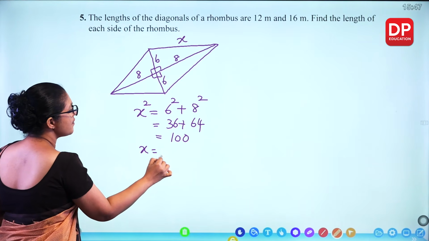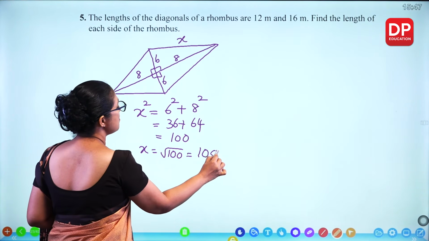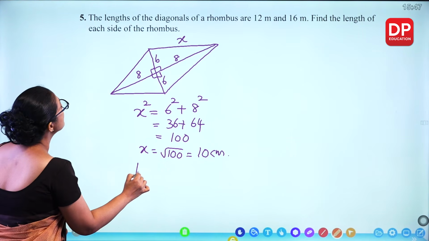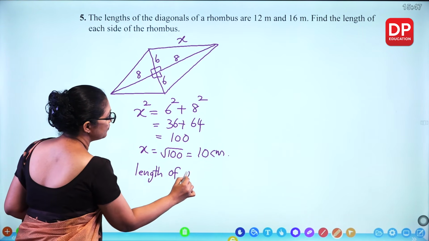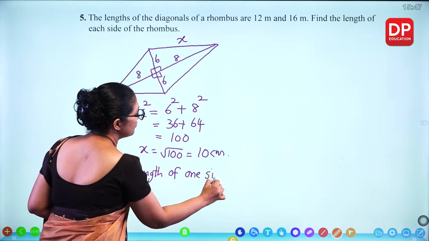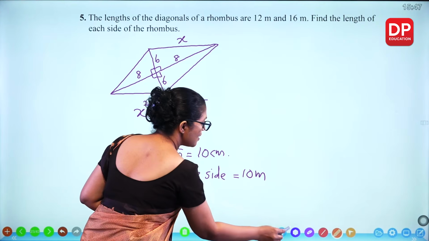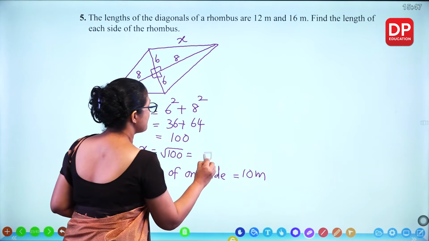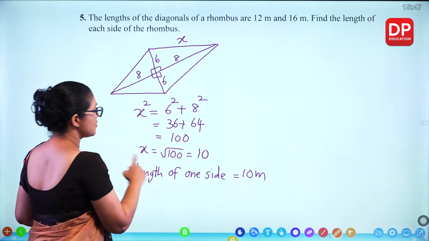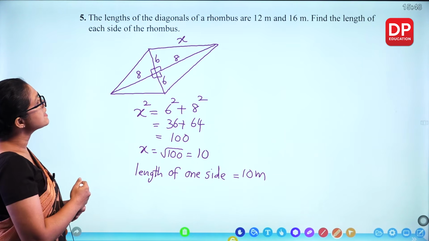Square root of 100 is 10. So what's the length of one side? Meters. So what's the side of the rhombus? 10 meters.